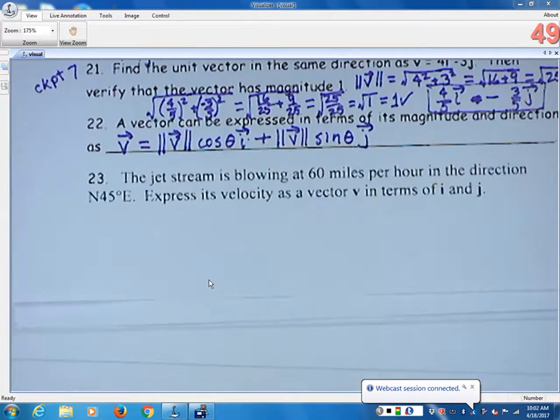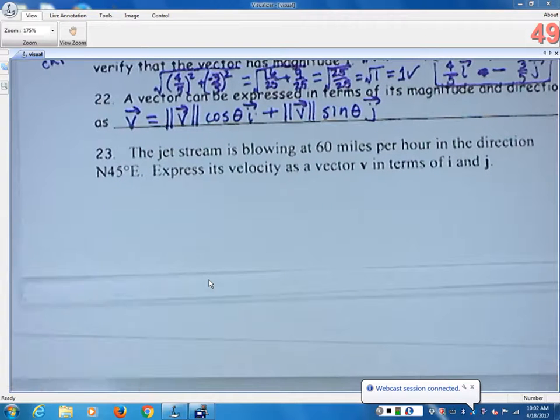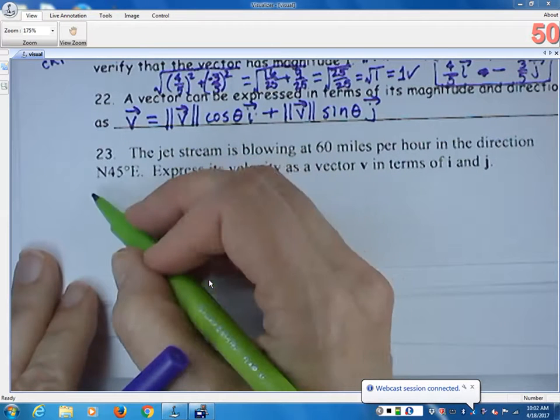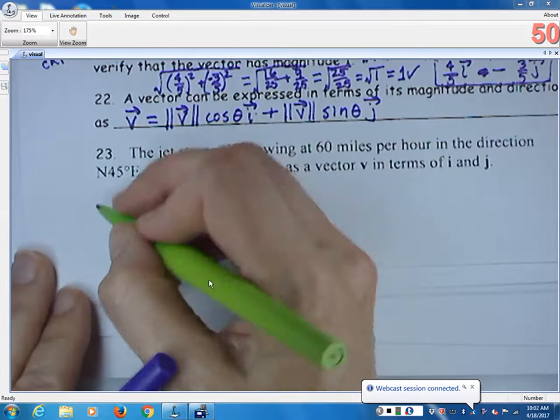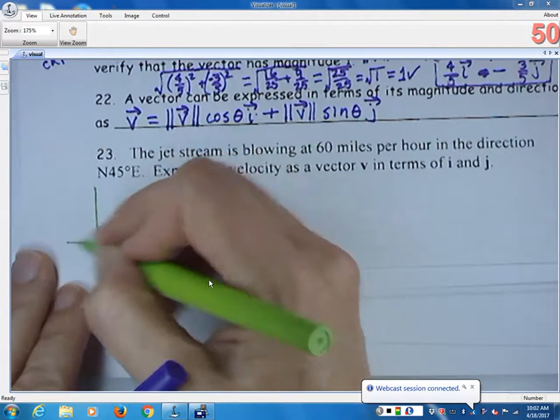So here's an example. The jet stream is blowing at 60 miles per hour in the direction of 45 degrees east of north. So what do they mean?